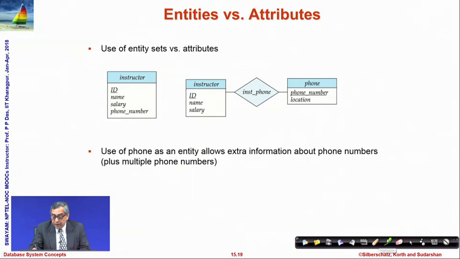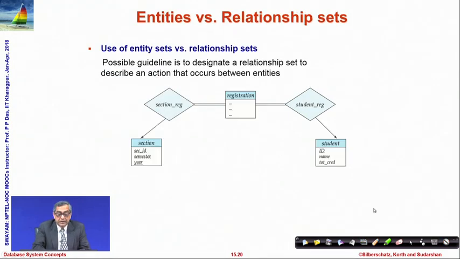Once we do this, then not only can I have multiple phone numbers against the same instructor ID, but I can also have a location for each one of these phone numbers, and I make use of the relationship that I create, which allows me to represent this multi-valued attribute. This is a common technique that will be used frequently in such cases.